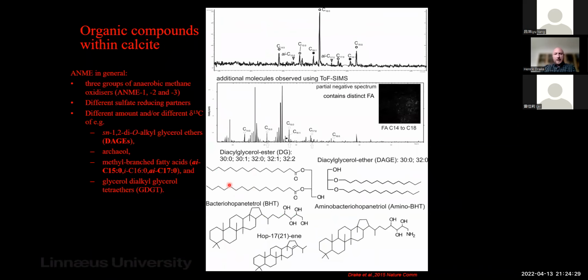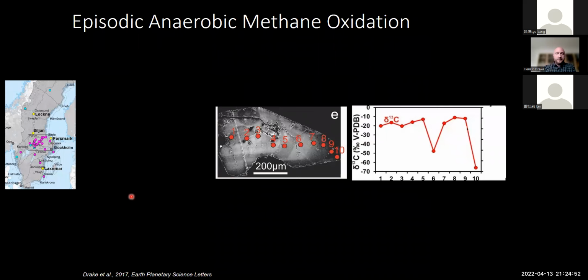We also have these organic compounds within these carbonates that are specific for sulfate reduction. So we think this is a sulfate dependent oxidation of methane at anaerobic conditions. I won't go into all these details of what kind of organic molecules we found, but they are there.